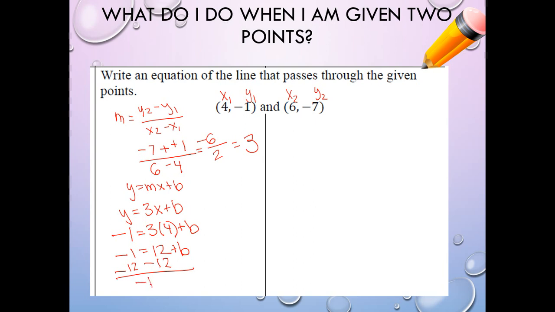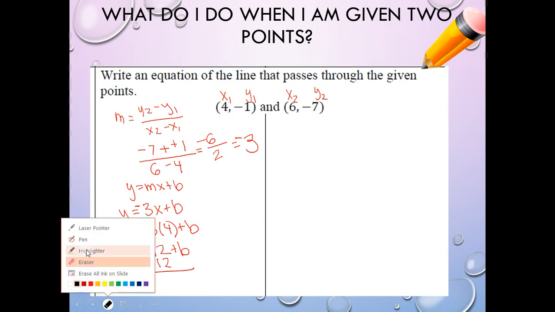So I get a -13. Oh, hold on. I missed the negative on my 3. I should have a -3 for a slope. Didn't catch that. So -3 times 4, I should have a -12. So I'm going to add 12 to both sides. Just making sure you guys are paying attention here.